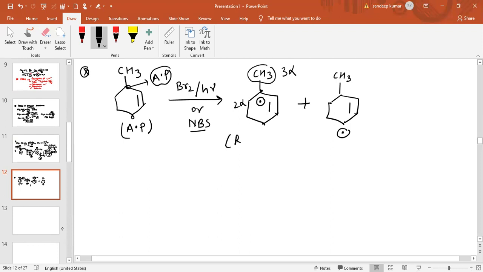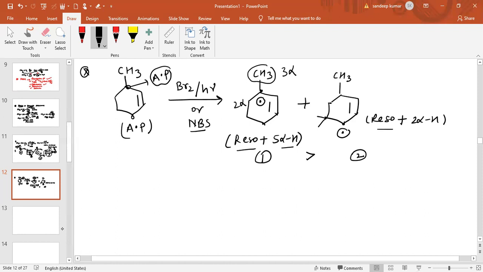So there is resonance plus 5 alpha hydrogens. Again see, resonance is also there, plus how many alpha hydrogen atoms are there? Only 2 alpha hydrogen atoms. So which is more stable? The first intermediate is more stable because of resonance along with 5 alpha hydrogens, versus resonance along with only 2 alpha hydrogens.